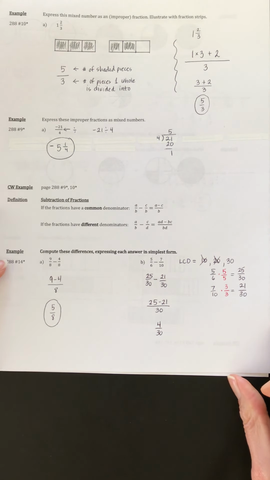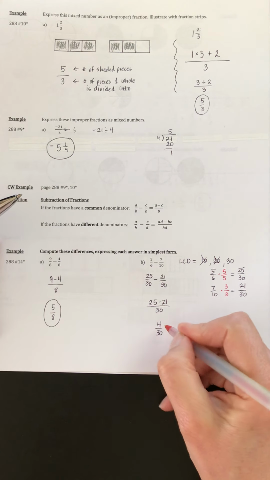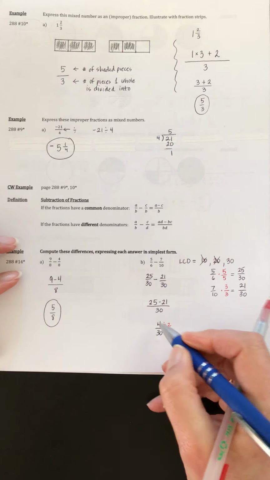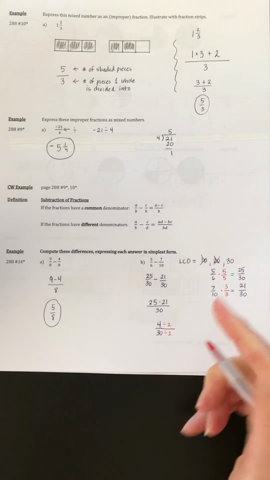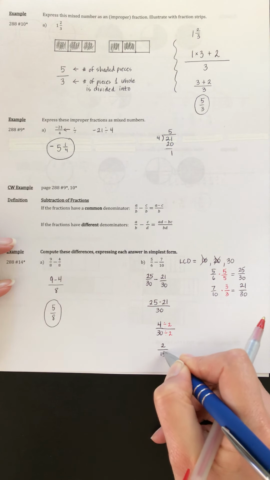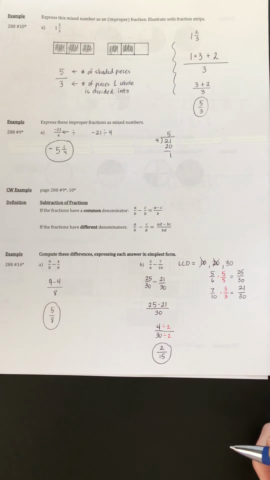But are we finished there? No, because they do have a factor in common. So go ahead and divide by 2, both numerator and denominator. And then what do we have? We have 2 over 15. Anything in common now? No. So we can go ahead and circle it and we're done.